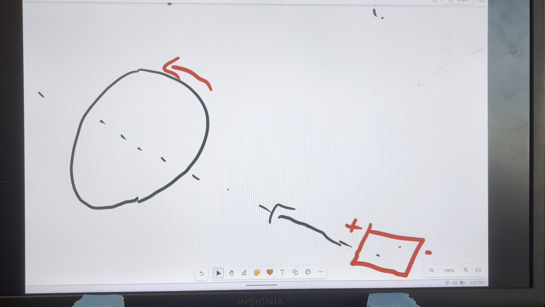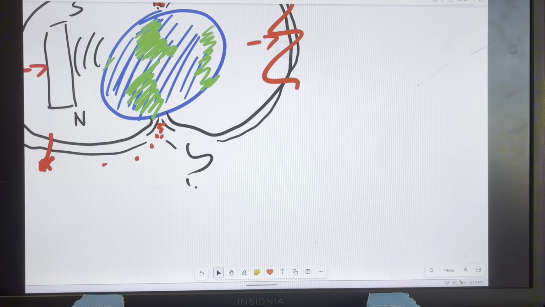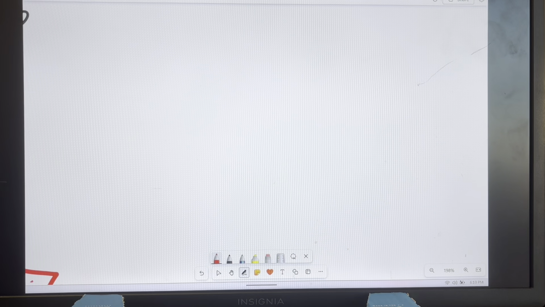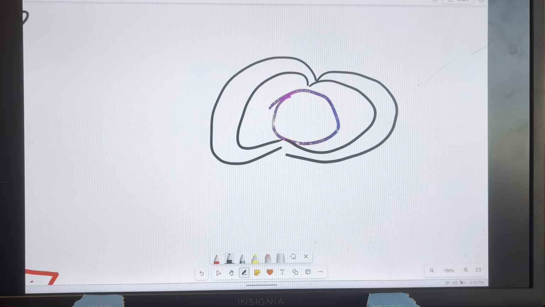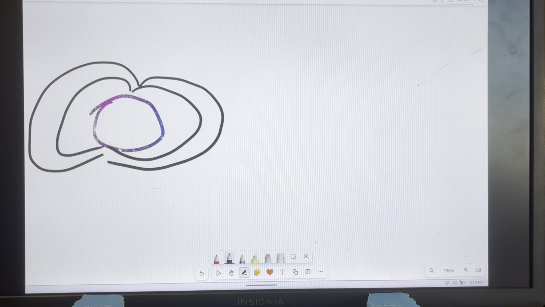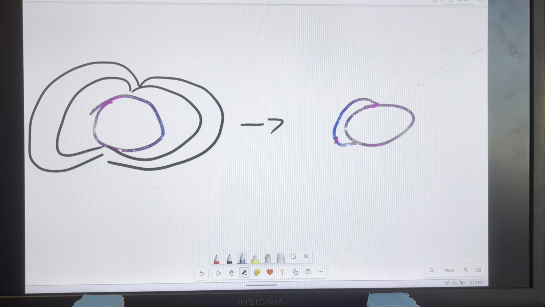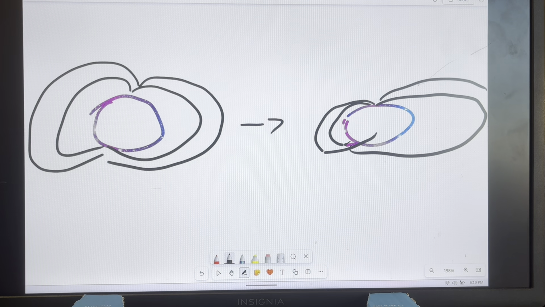Now, what does that mean for the Earth? Well, my Earth is just going to be this right here. Magnetic field lines start from here, right? And then they change to here, where it's compressed, and that is a lot longer, right?